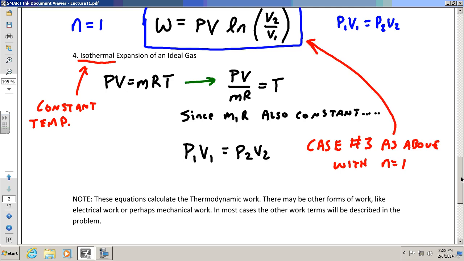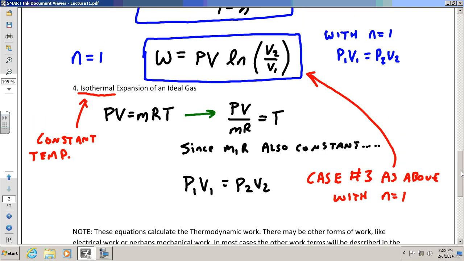We already know the work right there. I don't need to write that equation down. You can just kind of draw an arrow and go, yeah, that one. So if you have an isothermal expansion of an ideal gas, bang, right there. You got it. Okay?